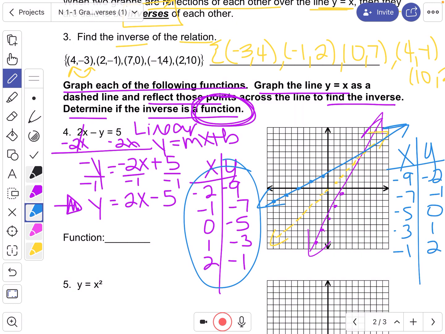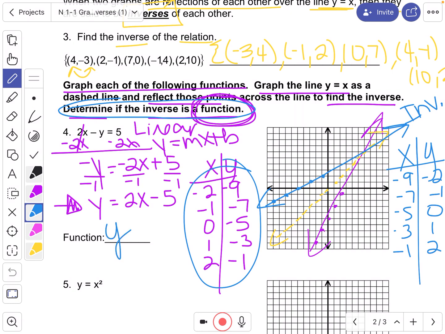Okay, so looking back at our instructions, it said determine if the inverse is a function. So make sure that you are labeling your inverse graph so you know which one's which. The second one was the inverse because we switched those x and y coordinates. So I'm just going to label it as inverse. If we use the vertical line test across the graph, notice there's no repeating x values.